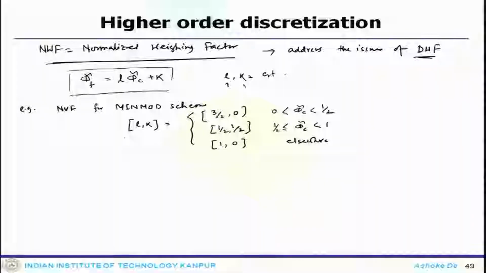These are the values of L and k which we derived while looking at the HR scheme.